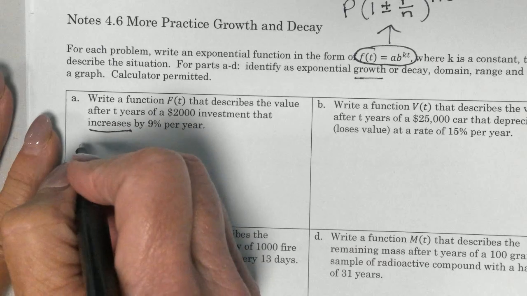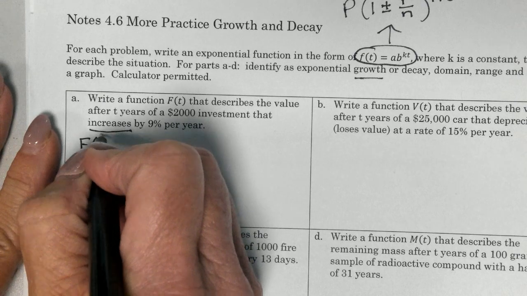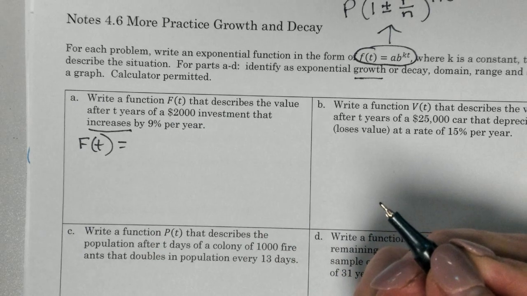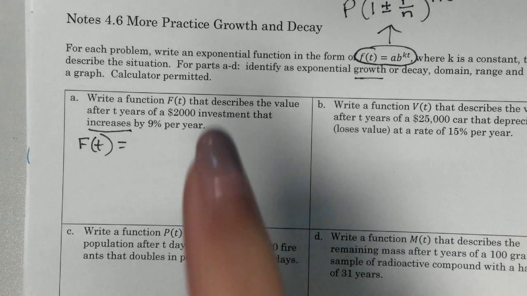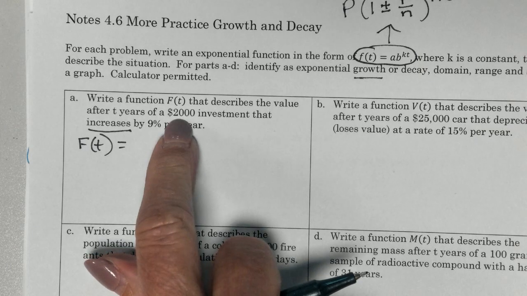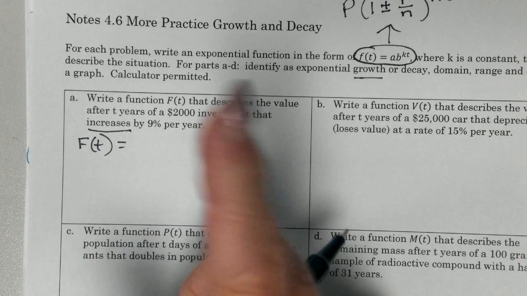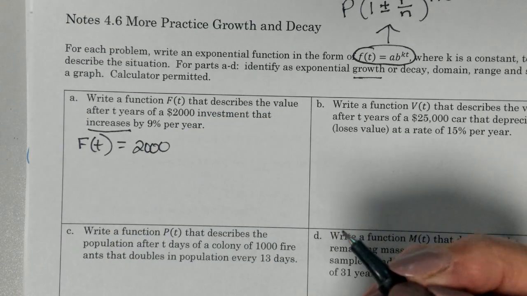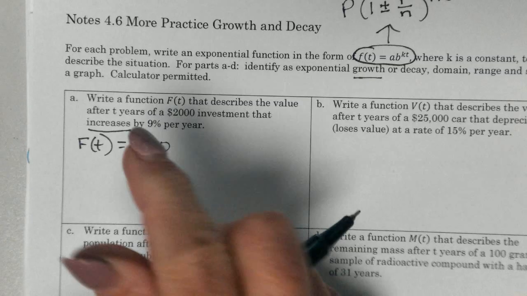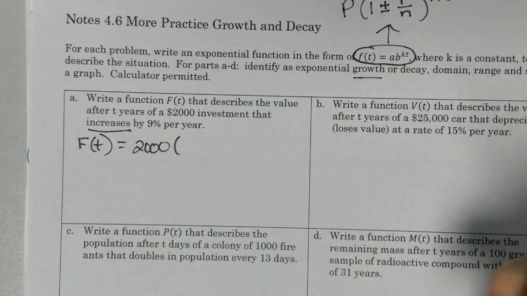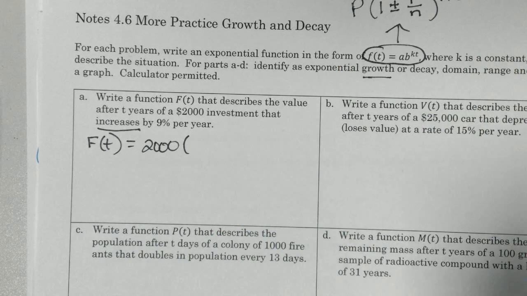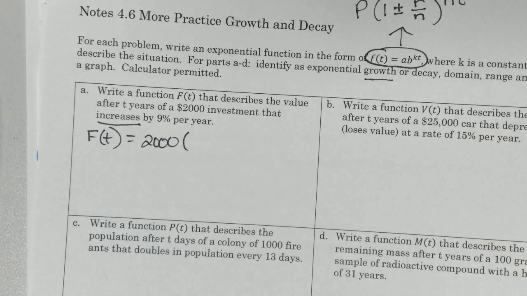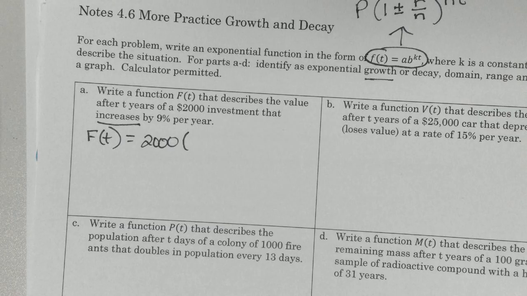So to write my equation for f of t, I'm investing $2,000, so that's going to be my P. There you go, $2,000. Now, it increases by 9% per year. It doesn't say compounding monthly or anything like that, so automatically we're going to know that n is equal to 1, so it's per year.